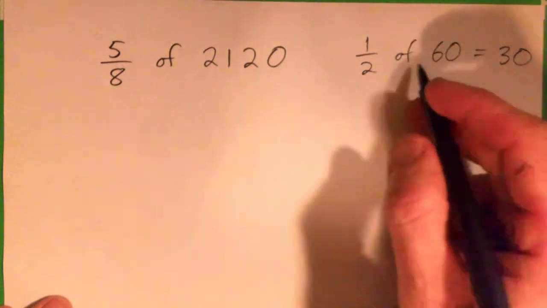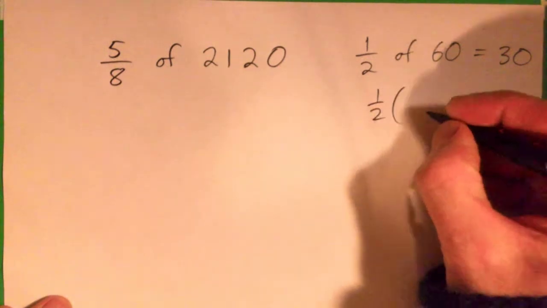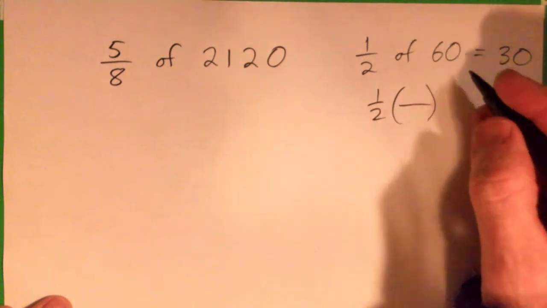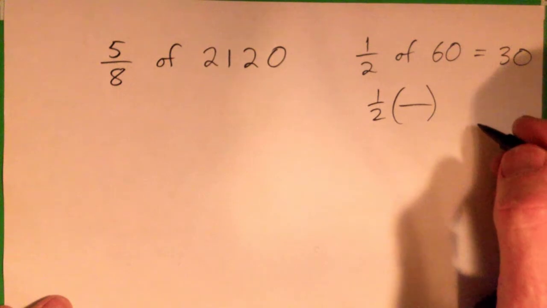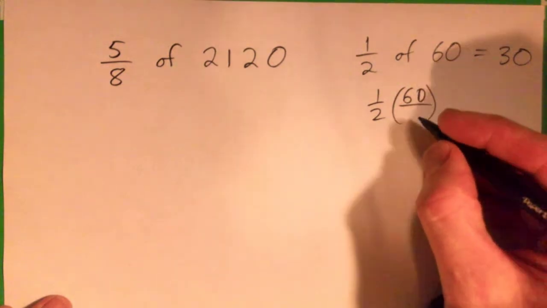So let's just turn this into a multiplication. 1/2 times, and how would you write 60 as a fraction? 60 over 1.